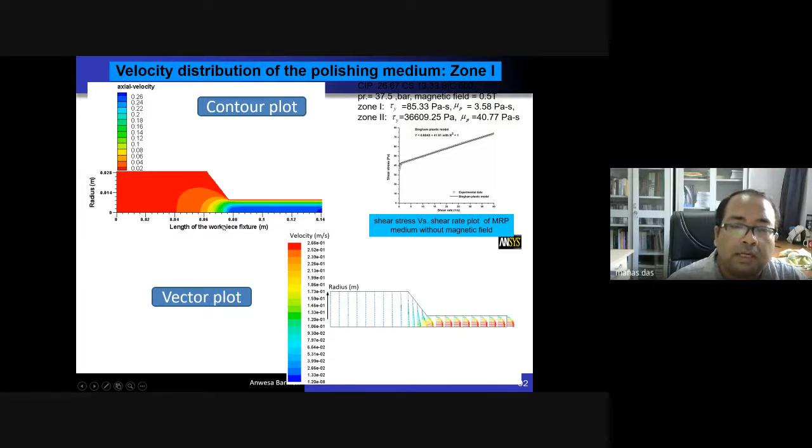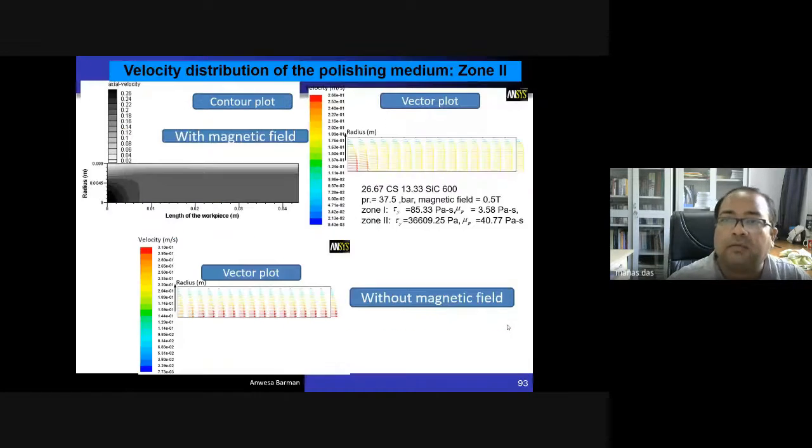So we can see here the extrusion process in that zone, from the MRPF cylinder to the workpiece cylinder. This is the contour plot and this is the vector plot, and whatever output we got from here, we gave as input to the finishing zone. So this zone is important for us.